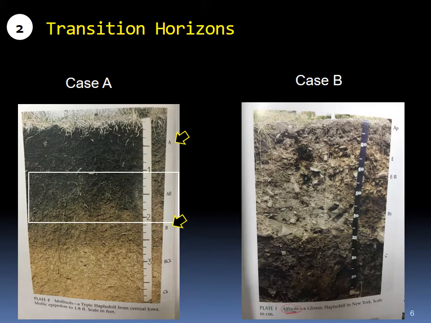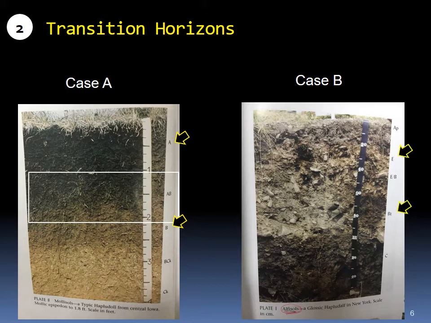There is a layer that has the properties of both the A horizon and the B horizon. It's not exactly A and not exactly B, but has a kind of mixing, and it exists between these two horizons. We call it a transition horizon between A and B, as in this case.